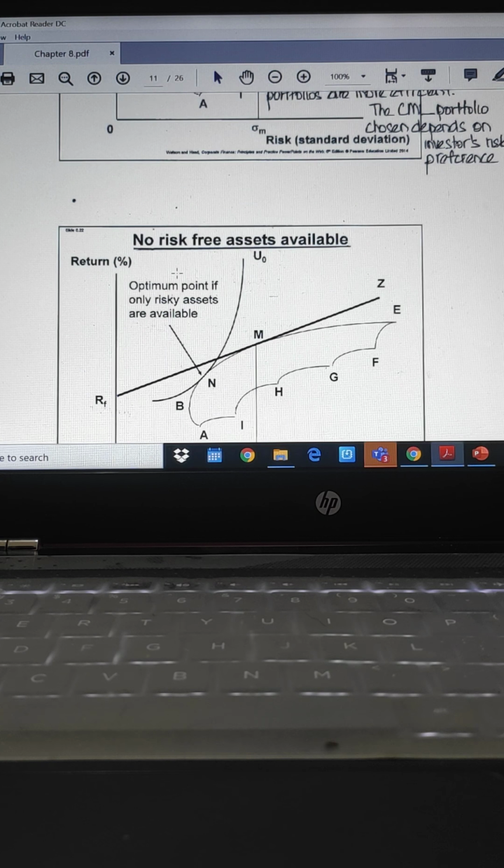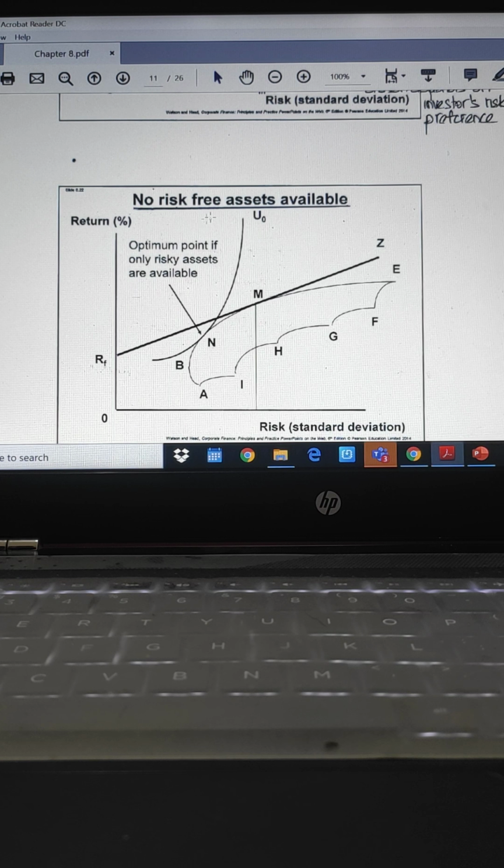Next slide. What if no risk-free assets are available? If no risk-free assets are available, investors can only be at point M. Meaning to say, if no risk-free assets, represented by RFMZ, are available, investors can only lie at point M on the efficient frontier.